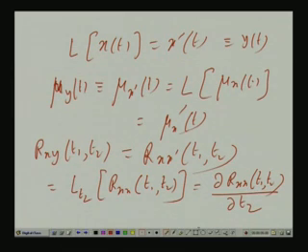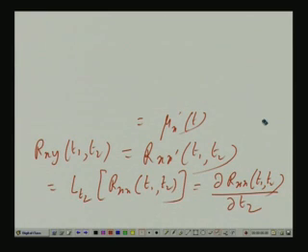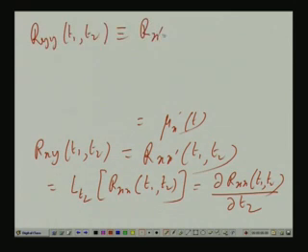And just a couple of minutes, then I will be winding up. And the output autocorrelation R y y, which you can also denote as R x prime x prime: you have to apply R x x (t1, t2) first with respect to, say, t1.